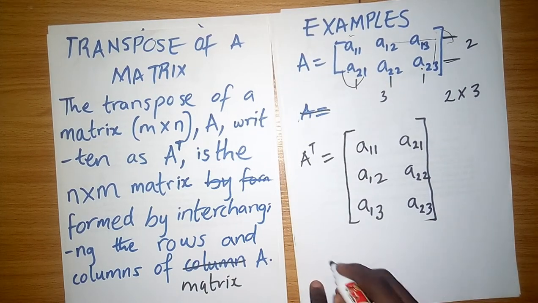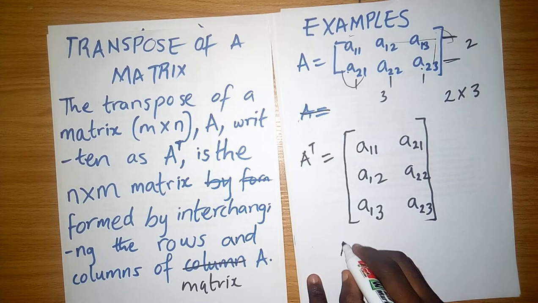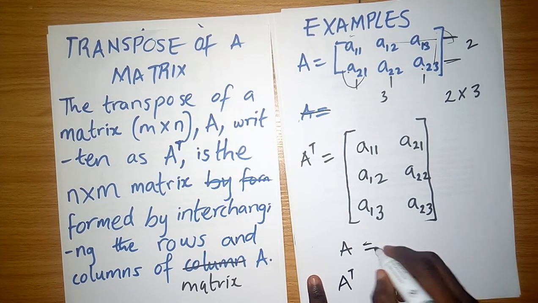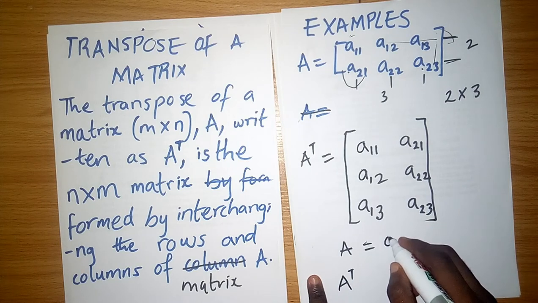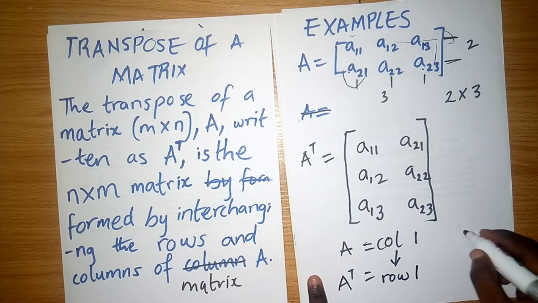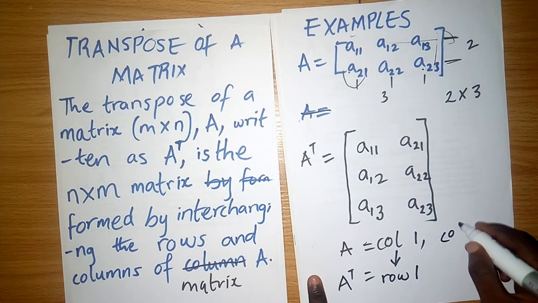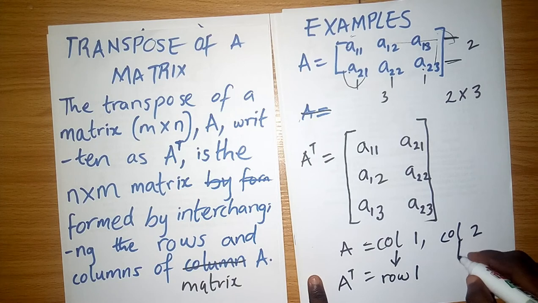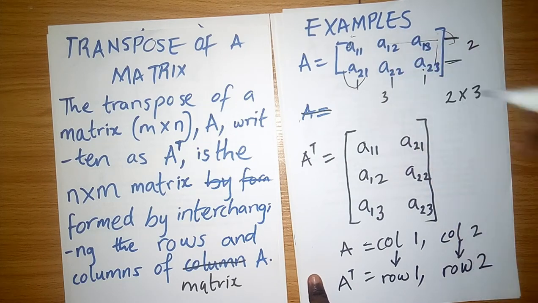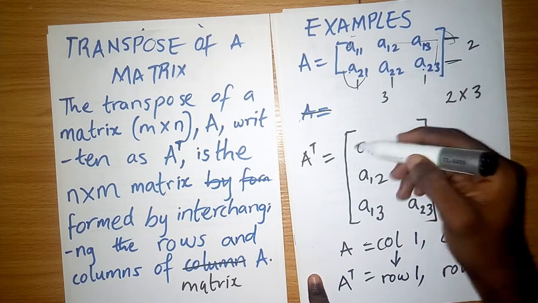Therefore, we can say that between A and A transpose, column 1 has now become row 1, and column 2 has now become row 2.